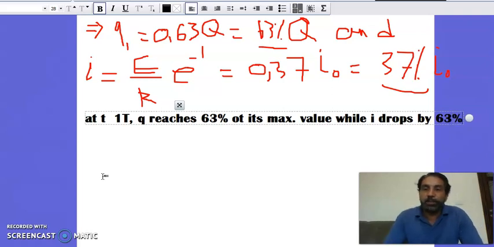Clear? Drops by 63% because the remaining value is 37%. Clear?